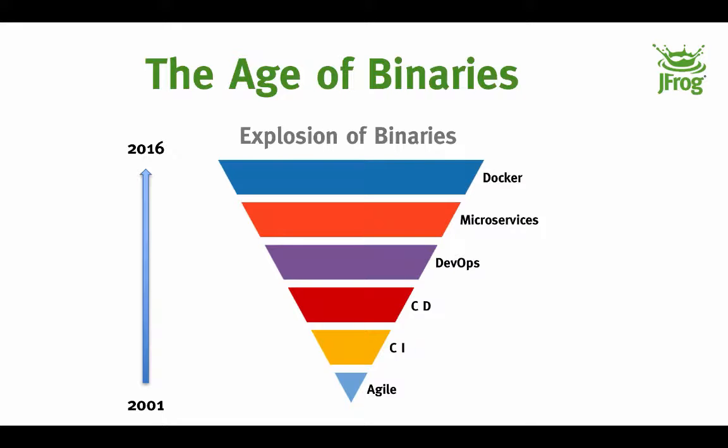And then after this, microservices came in, which was the breaking of the monolithic code into microservices, and towards 2016, or in the last 2-3 years, Docker came into the picture, and the explosion is happening even today as well. We have so many artifacts to manage, so many builds to manage, that we definitely need tools like Artifactory in order to manage this scale as well as this explosion and the metadata associated with these binaries.